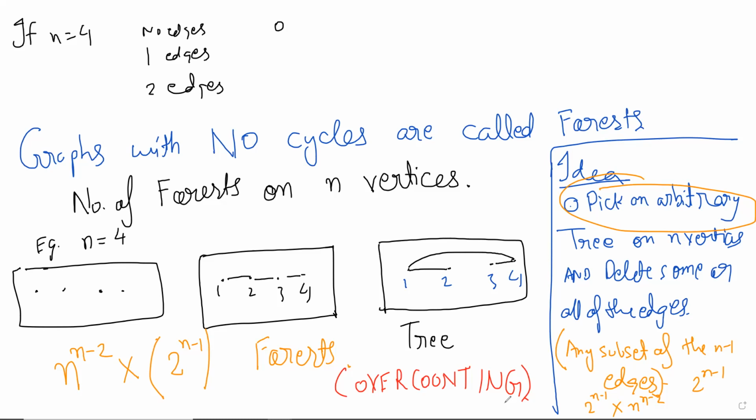Just make sure you understand what is being done. To give an example, if this is 1, 2, 3, 4, then from this he can, for example, delete these two, so he can get this forest 1, 2, 3. Or you can delete only one, and you can get this forest, and so on and so on. There are so many ways.